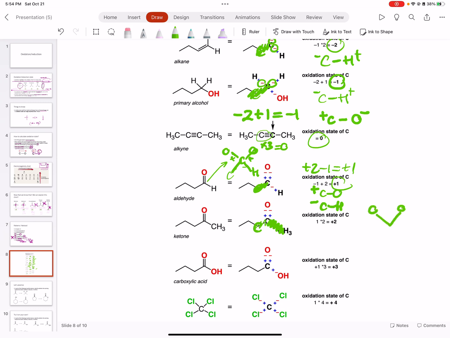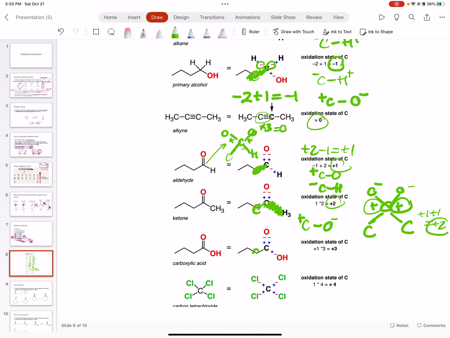We said again, carbon-oxygen, carbon is less electronegative, therefore it's going to carry a positive. Oxygen is more electronegative and it's going to carry a negative, so negative, positive, negative, positive. We have 2 positive charges surrounding that carbon, therefore +1 +1 is going to equal +2.